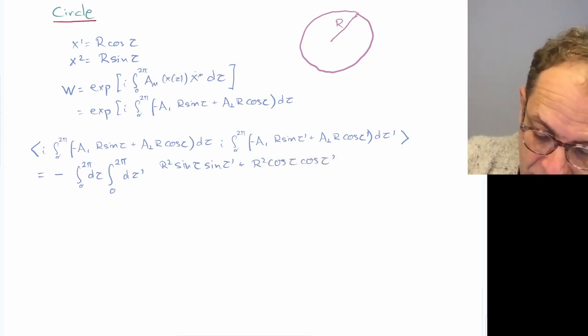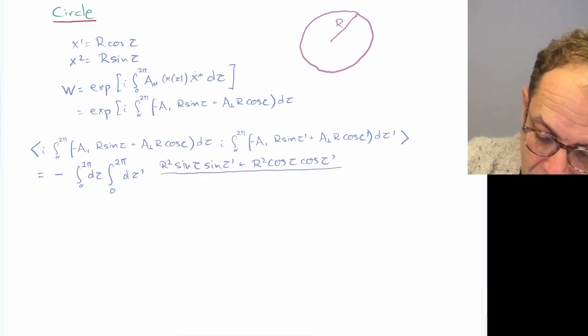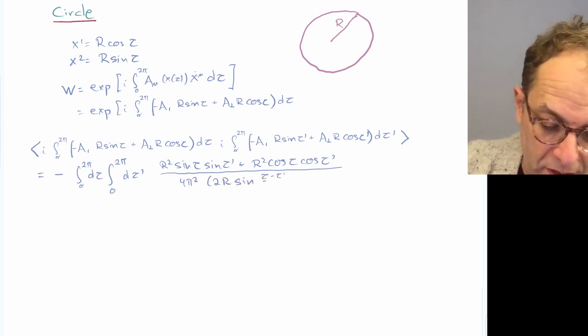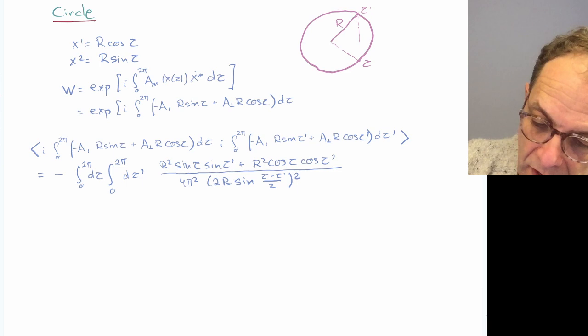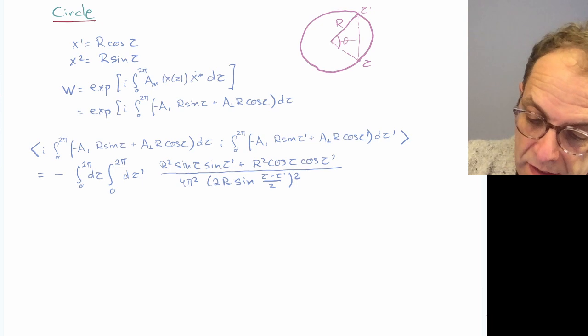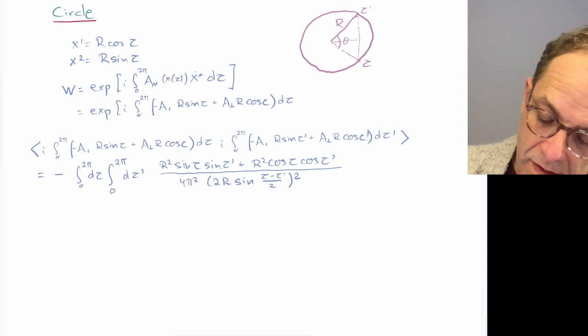In the denominator, we get 4 pi squared times 2r sine of tau minus tau prime over 2, all that squared, which is the chordal distance, which you can see if you take here tau and here tau prime, and you want to calculate this distance, twice this half theta angle.